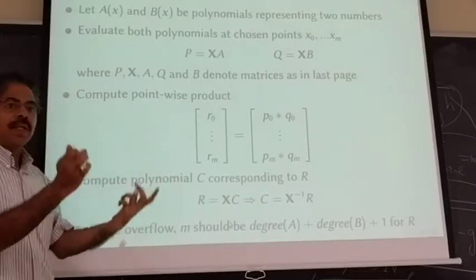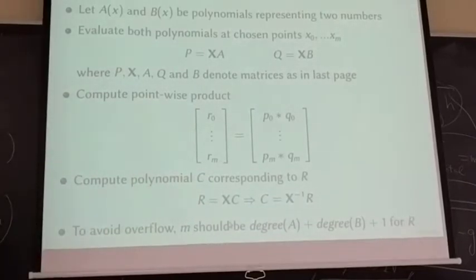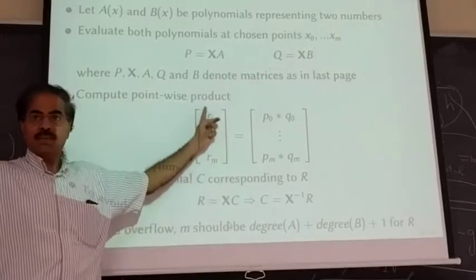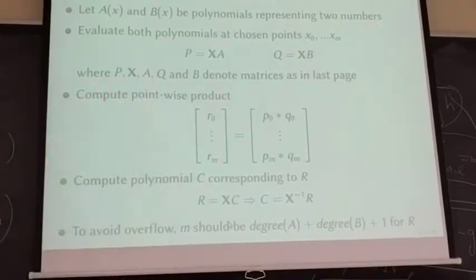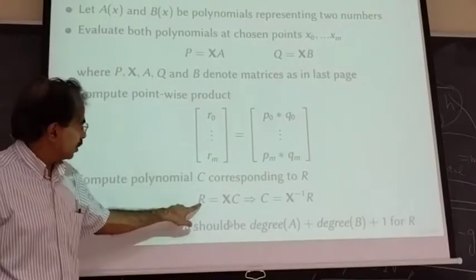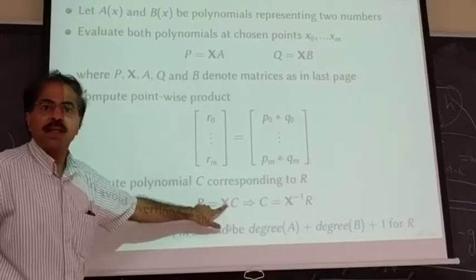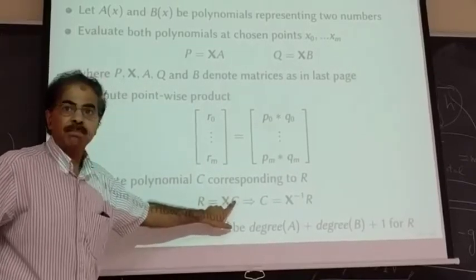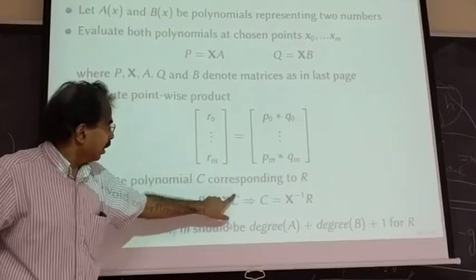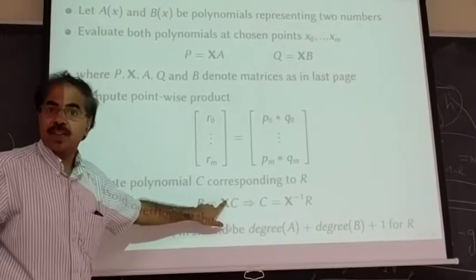Now, we want to regenerate the polynomial from the point representation, right? Originally we had a coefficient-based representation. We converted that into point representation by multiplying by this matrix. Now, in this point representation, we did all the multiplication, and we want to get back to the coefficient representation. So how do we get there? We apply the same equation. We know that this R is obtained by evaluating the coefficient polynomial at the same points x0 through xm.